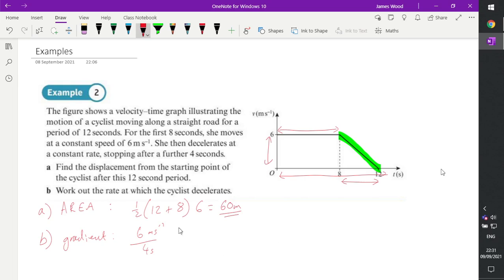So 6 over 4, 1.5. Or we should say minus 1.5 meters per second squared, because decelerating. The rate at which they decelerate, so we've got an acceleration of minus 1.5 or a deceleration of just 1.5. Depends what they're asking for.